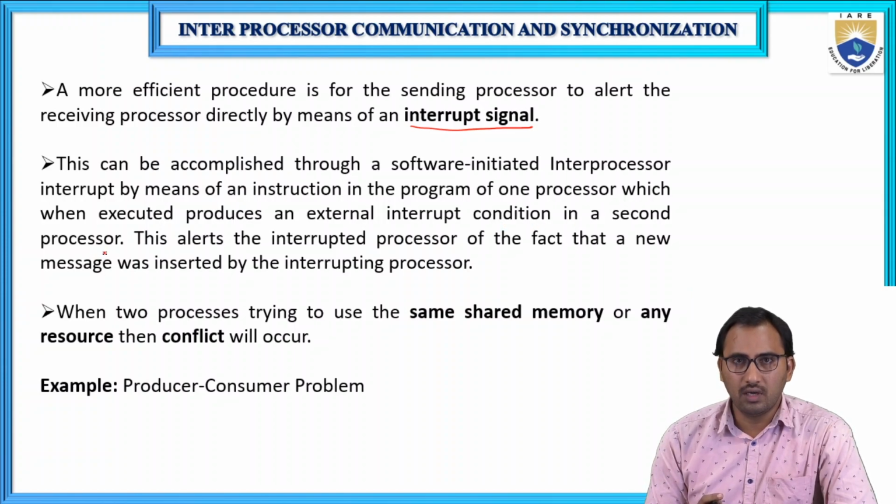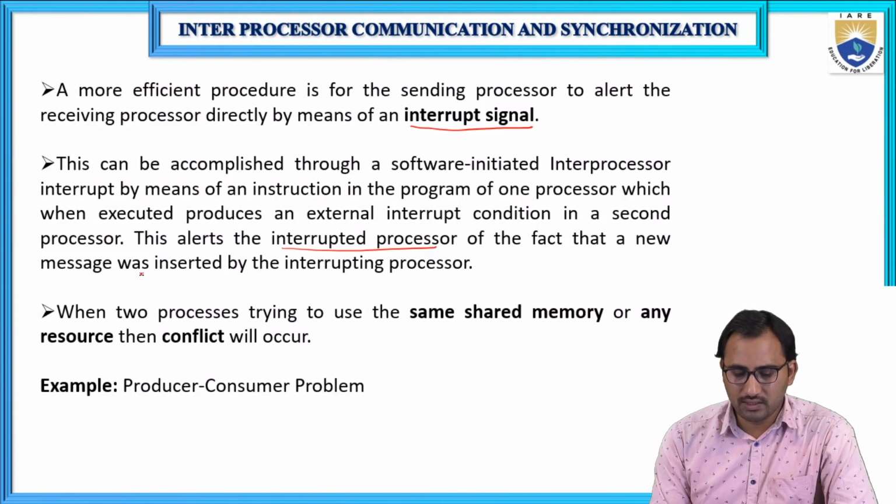So one processor executes an interrupt instruction, and the interrupt signal is sent to the other processor. This alerts the interrupted processor that a new message was inserted by the interrupting processor.